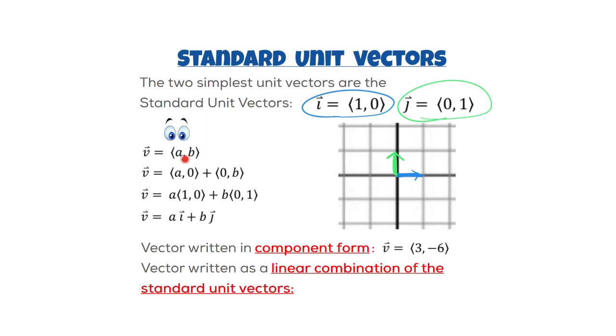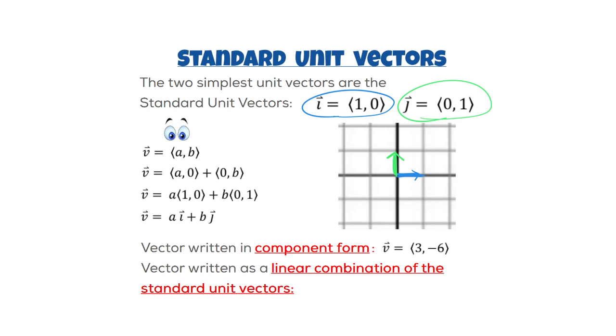Ideally, what would be equivalent to this is to write it as 2 separate vectors. I could write A0 and then 0B. When I add these 2 together, I'm going to have an A, I'm going to have a B. So I've just separated it out. And I'm going to separate it even more. This A here, I'm going to factor it out of there so it looks like this.